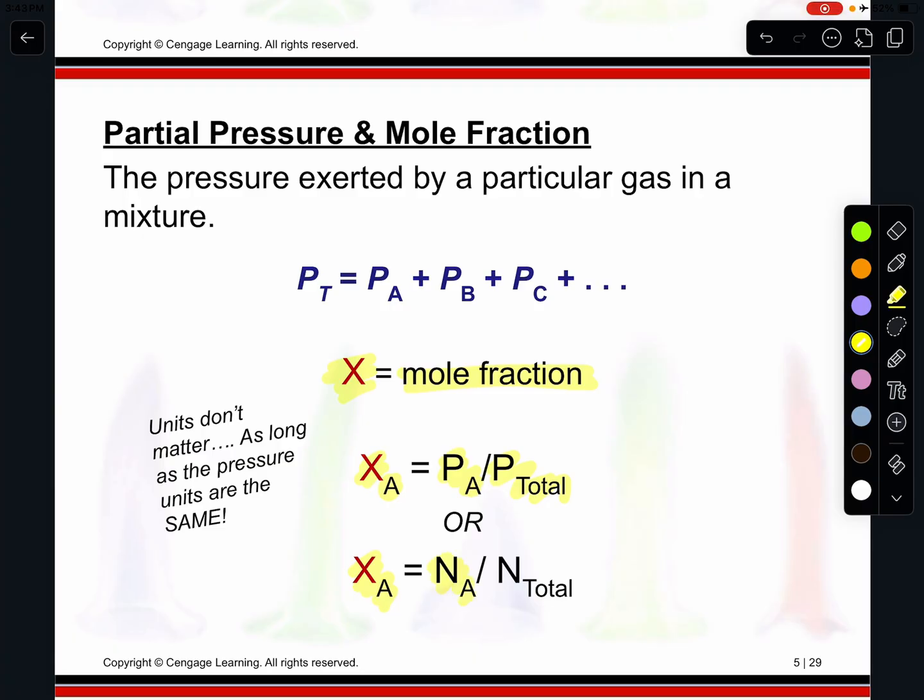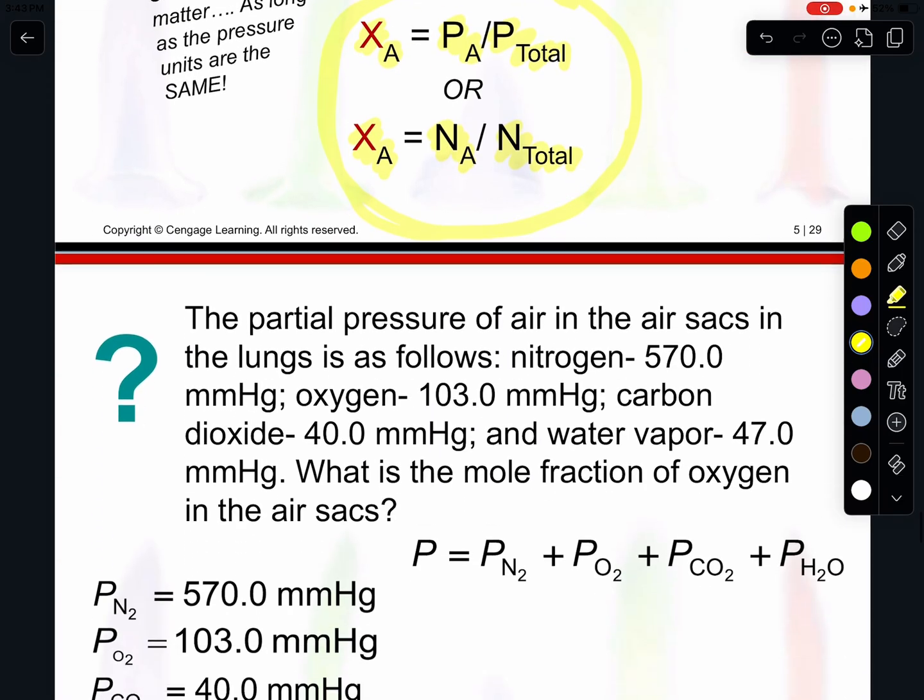You can actually do moles of A over the total moles, because sometimes you're given moles instead of pressures. Both of these equations will be provided for you on an exam, and so will Dalton's law of partial pressure. So I want to go ahead and show you how to use the mole fraction equations.